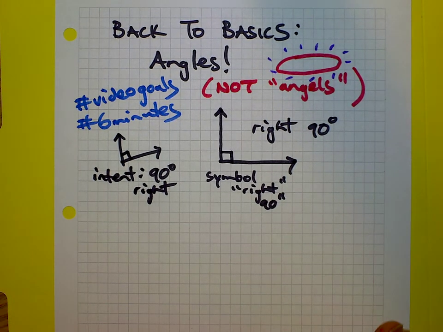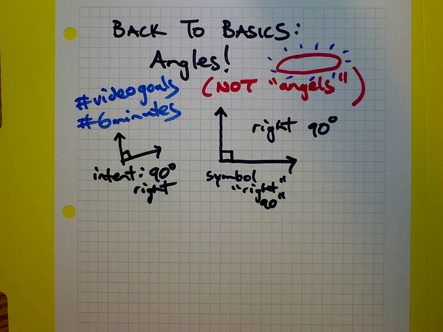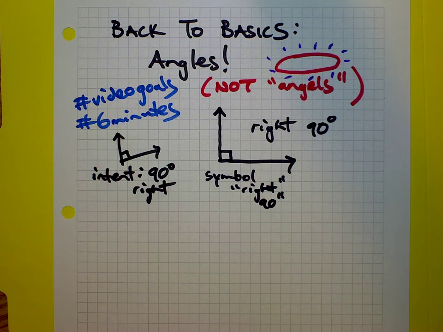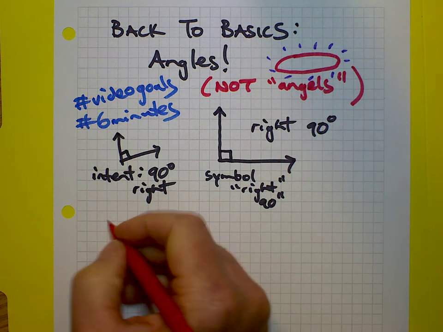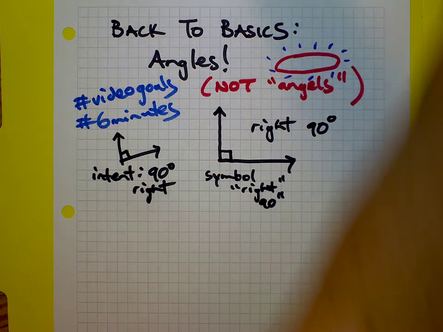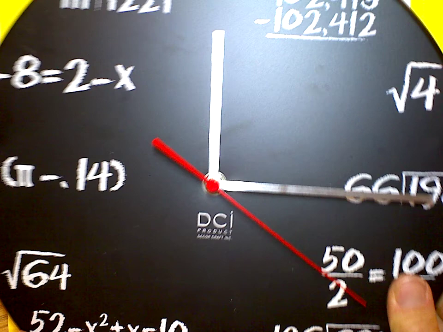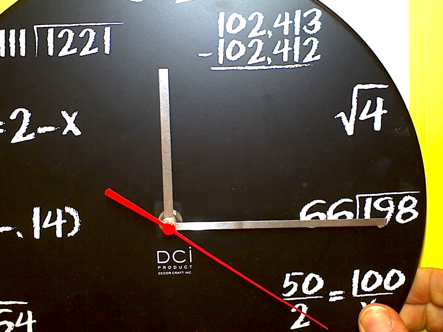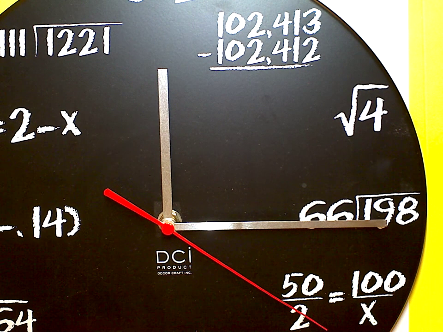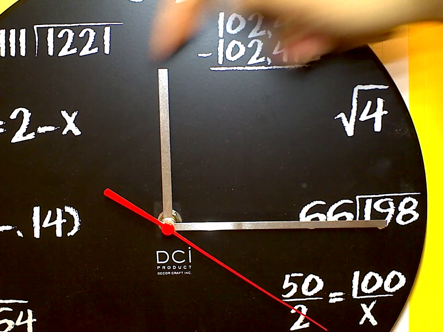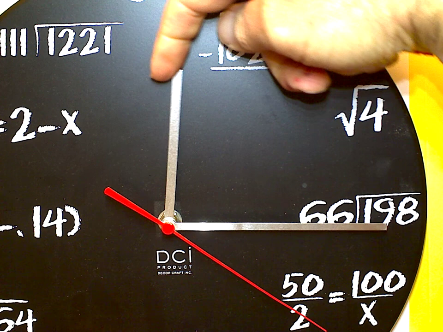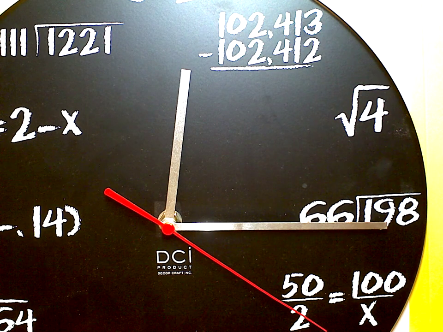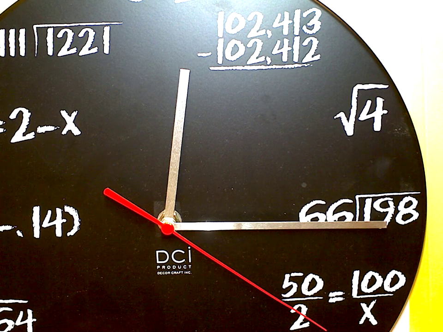Okay. Next, let's go small. If I take my right angle, I love this clock. I can't tell time on it because it's too complicated, but it's great for angles. If I slide this over here, even a tiny bit, now what is it? Cute, right?